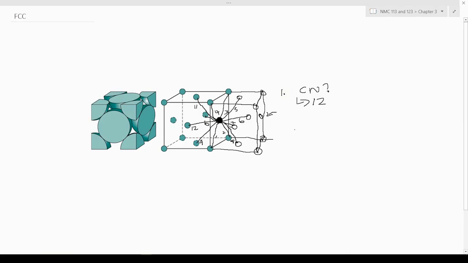And then the second thing here is being able to count the effective number of atoms.